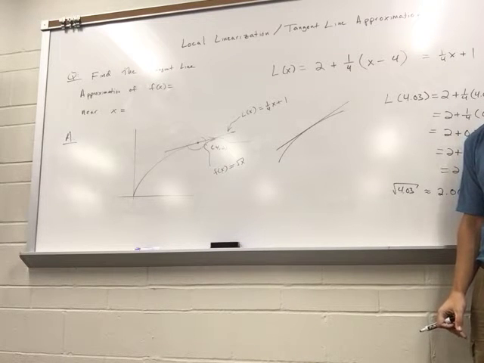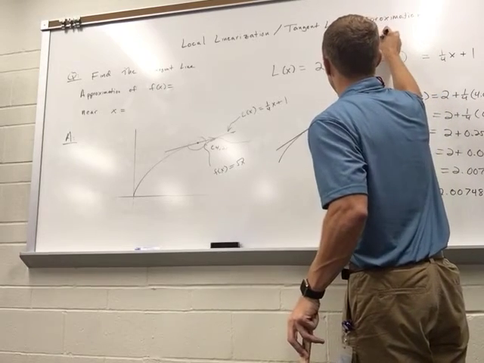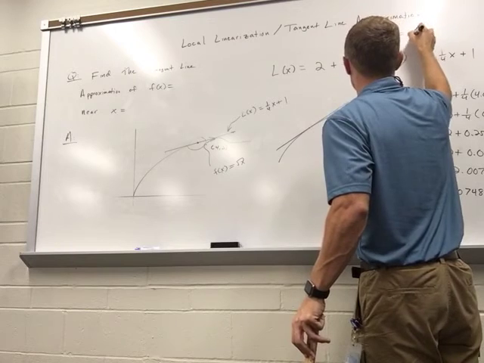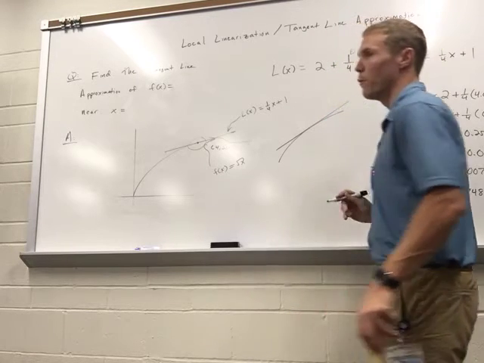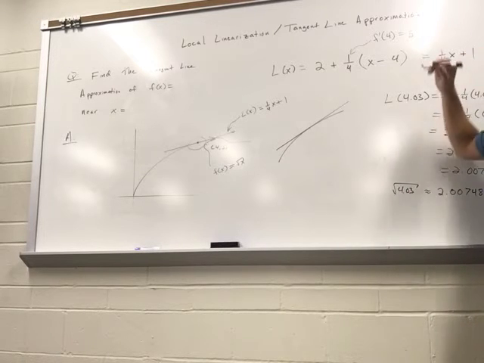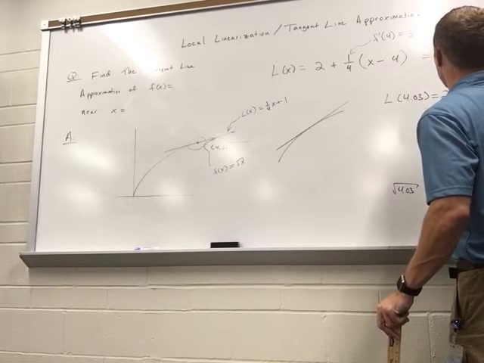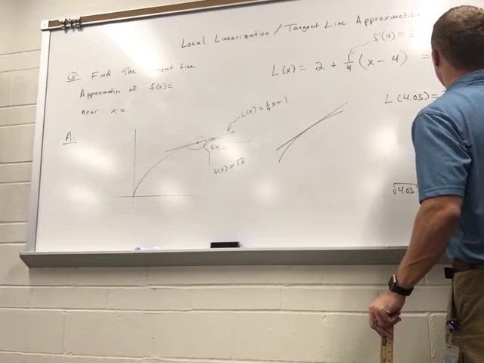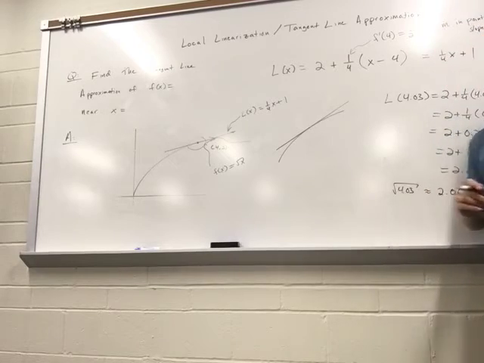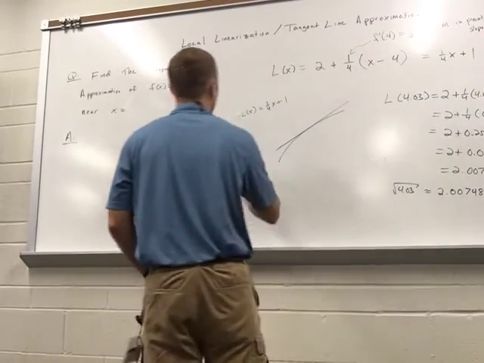Where do you get the 1/4 from? This was f prime of 4, which is 1 over 2 square roots of 4 from the formula. And this is the m in point slope. Some people memorize this formula based off the point slope formula, which is totally fine.